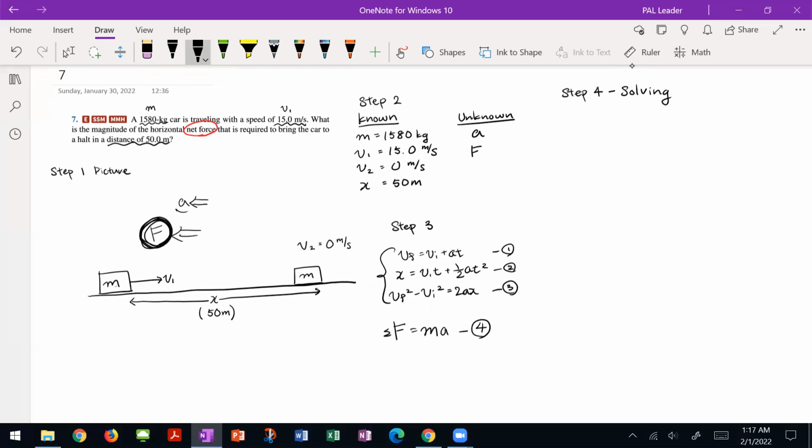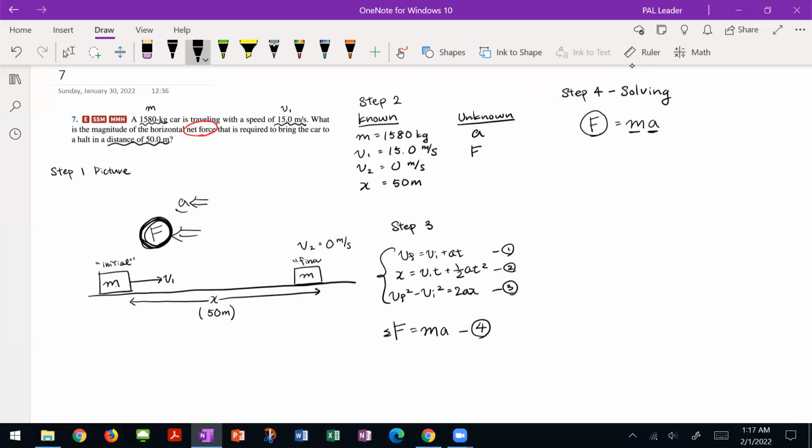Ultimately, our goal is to plug in to equation number 4. We're asked to find F. So we need mass and acceleration. We already have mass that was given to us, but we don't know what the acceleration was, the acceleration that made us stop from our initial point to our final point.